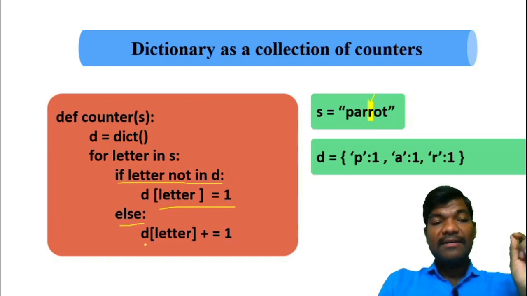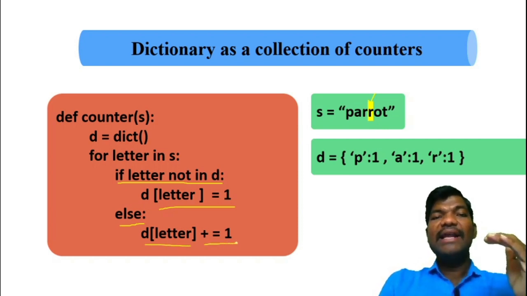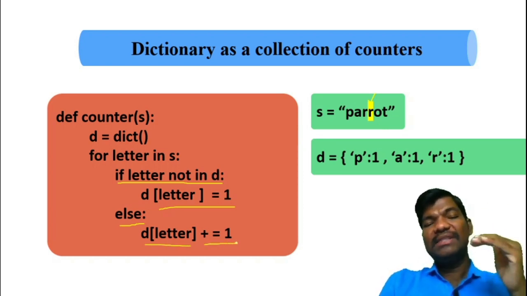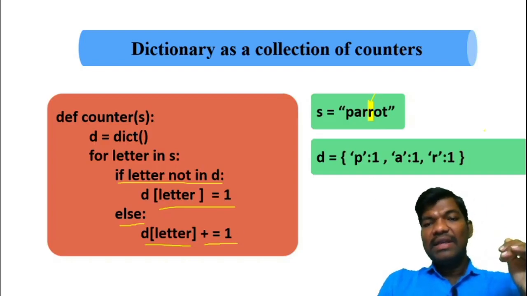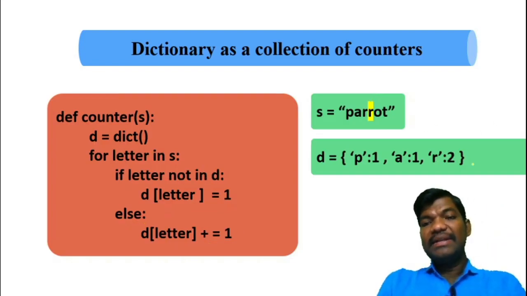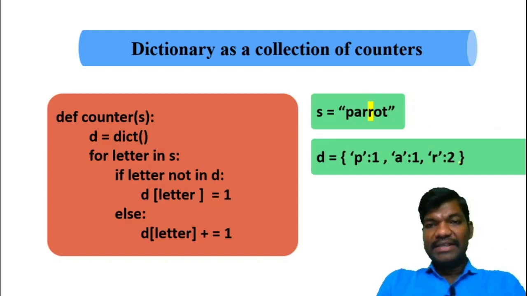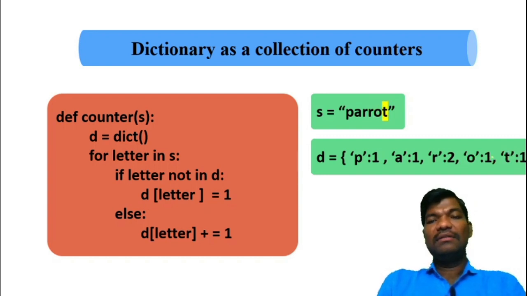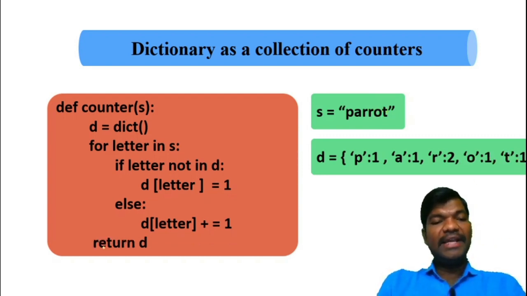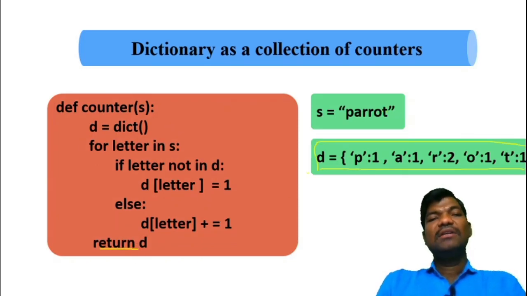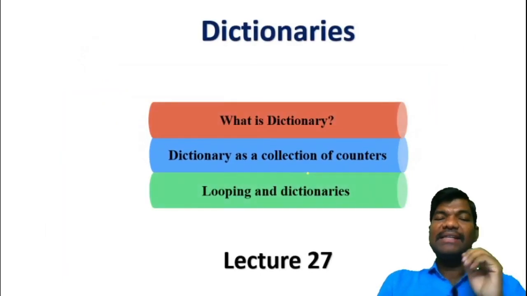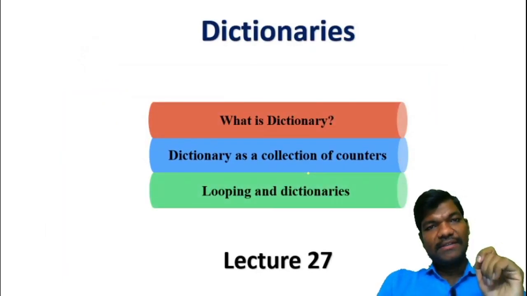So what is else here? d[letter] += 1. That means the value is incremented, right? So here R is incremented to 2. Next O 1, D 1. Finally return d. So what is the main output? d. This is the dictionary.